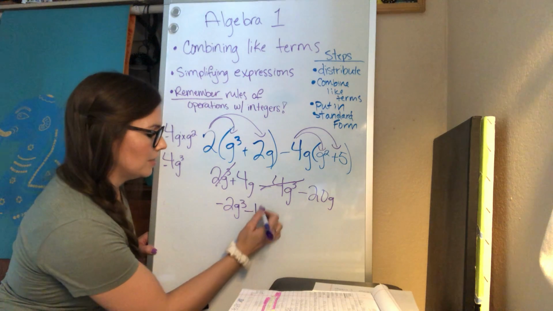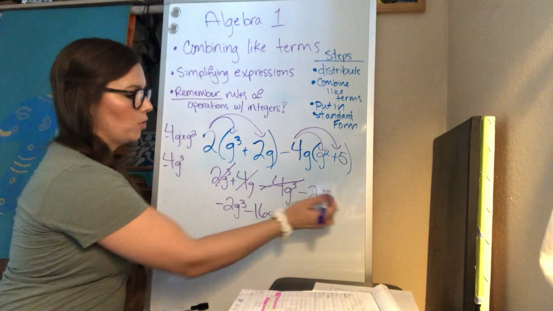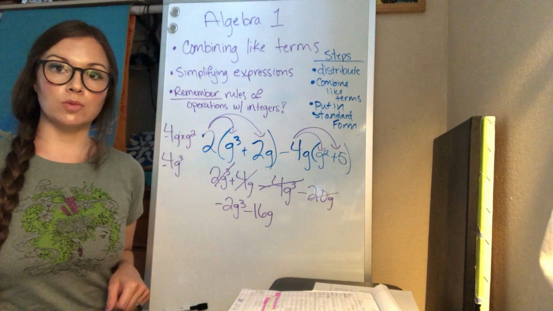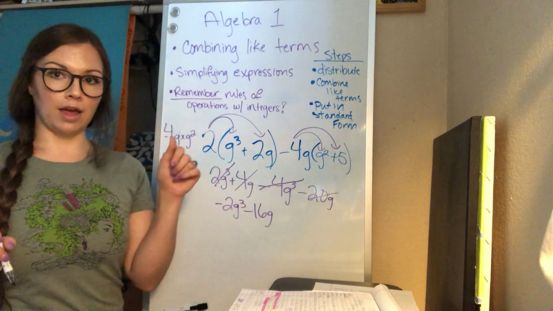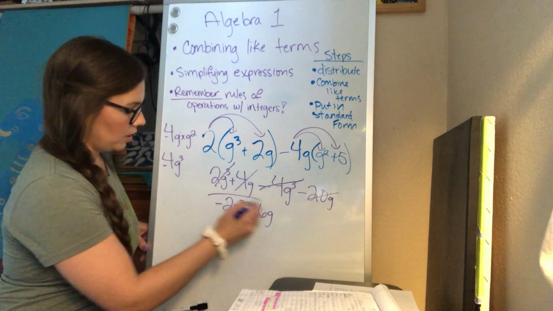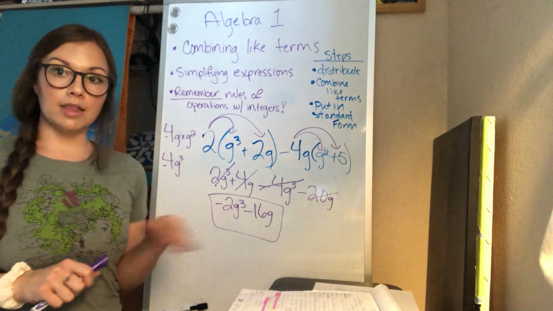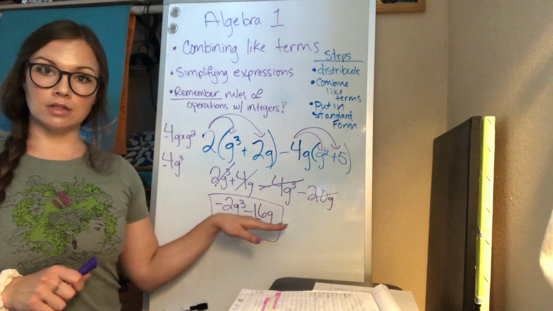So negative 16g. Okay, and remember, we keep our variables and exponents the same here because we're adding and subtracting. We only change them when we're multiplying. Okay, so our answer for that one is negative 2g cubed minus 16g. Okay, and that's already in standard form for you. The highest power is first and so on.